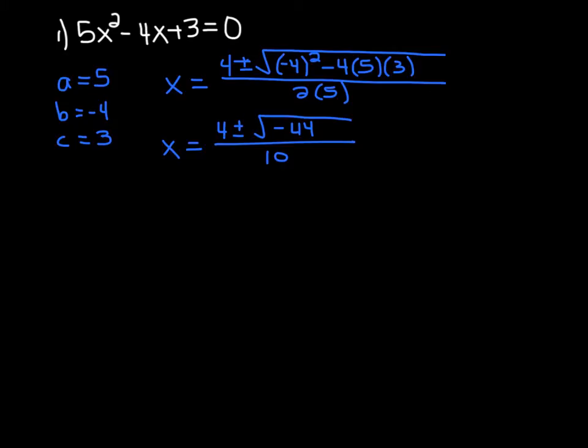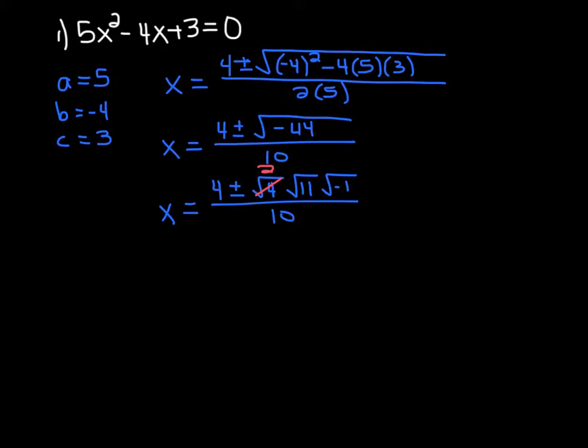So we have x equals 4 plus and minus. Well, 44 can be broken down into rad 4 and rad 11. And then because we have a negative, we want to put that -1 here. Since we know that the square root of 4 is 2, and the square root of -1 is i, we can cross this off and make this a 2.